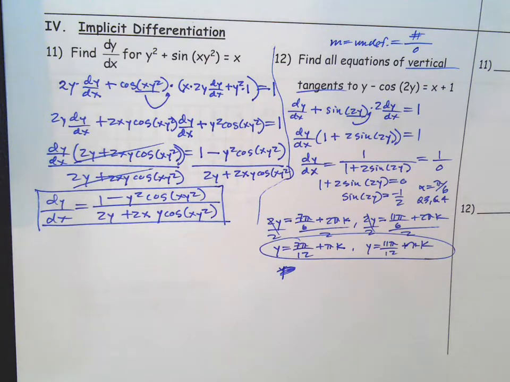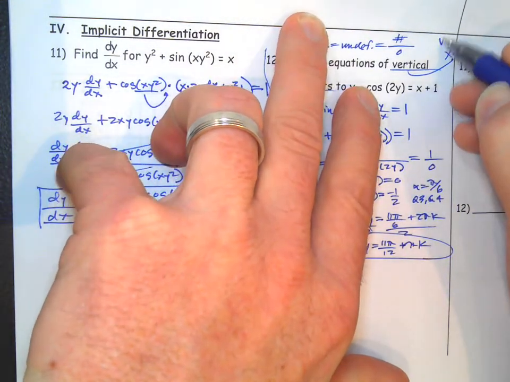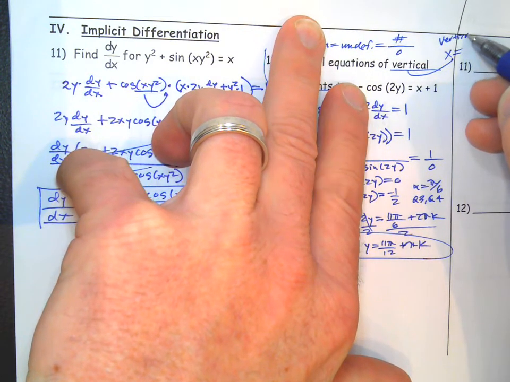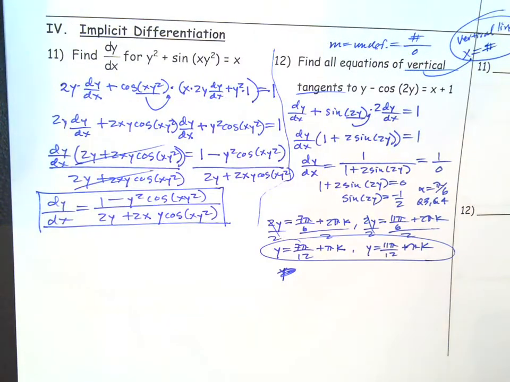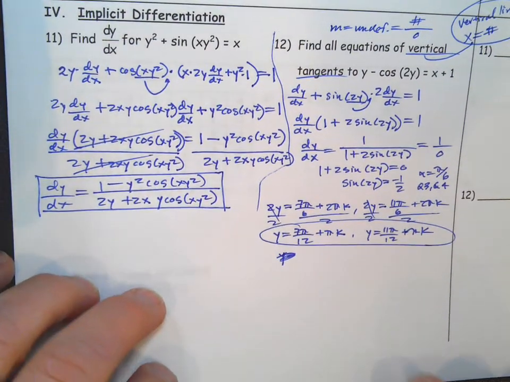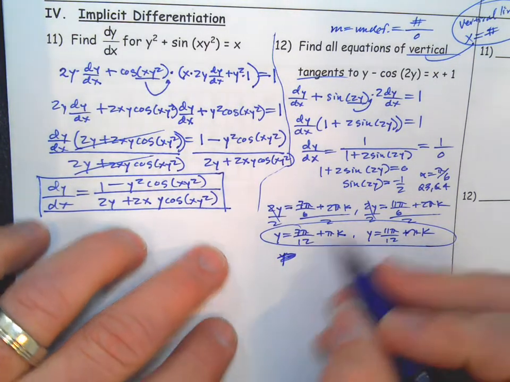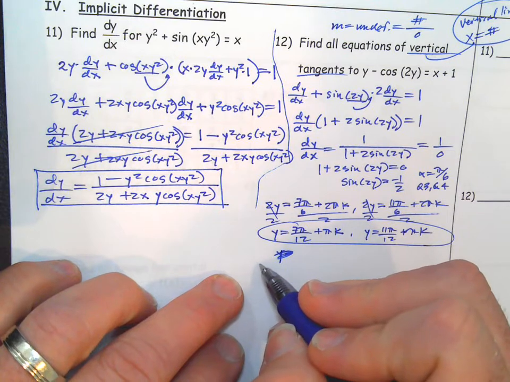They're vertical lines. So vertical tangents mean we need vertical line equations, which should be x equals a number, right? So we got to plug these back in the original equation to find what the x values are. So let's see if we can do that with this pi k stuff in there. I think we could. It's going to be a little annoying.